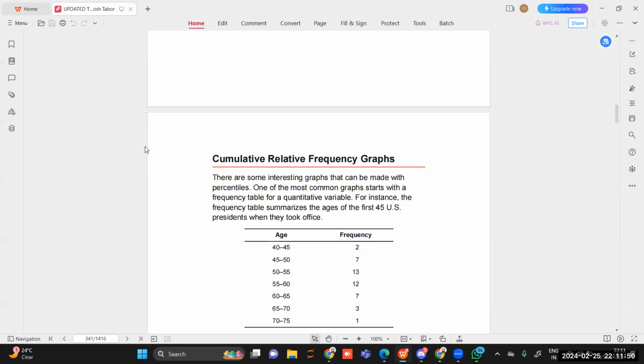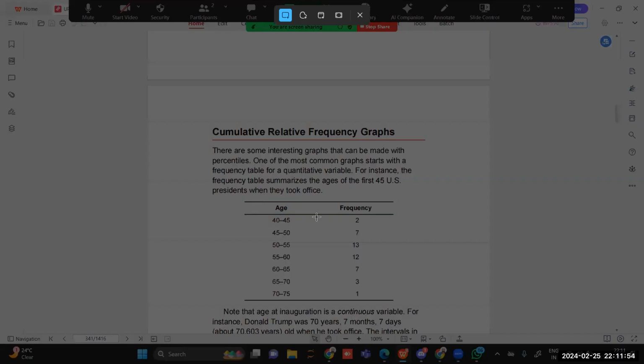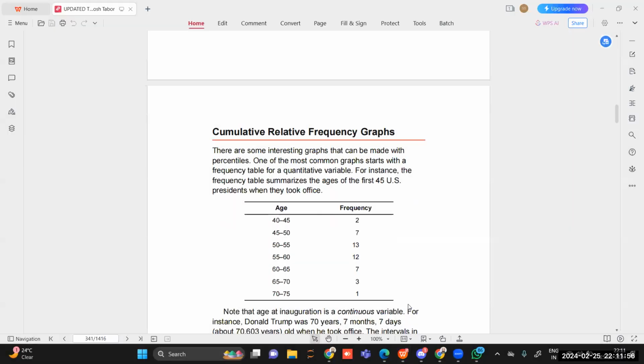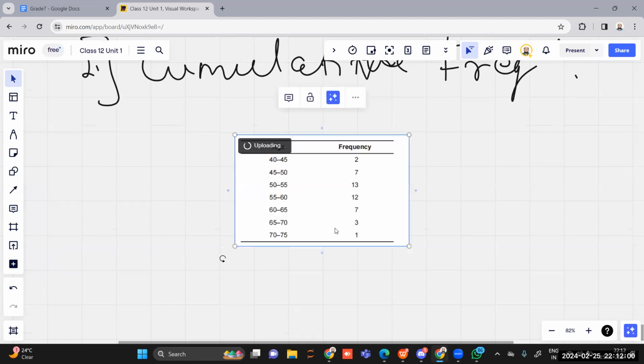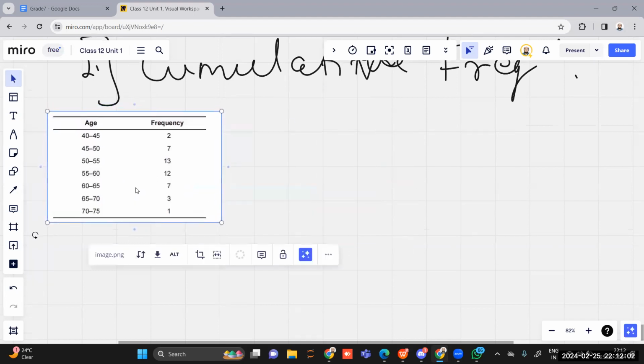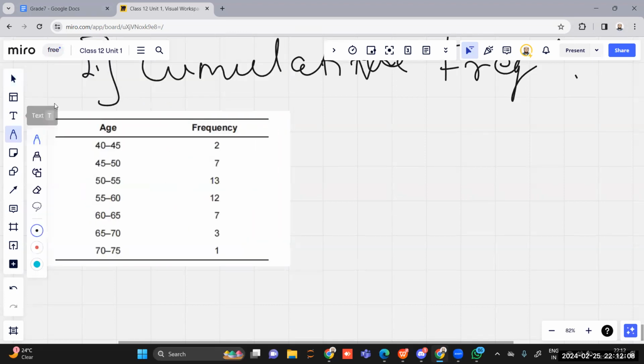I'll take this table only. It's very interesting, cumulative frequency, and it is required in graphs. Can show you.